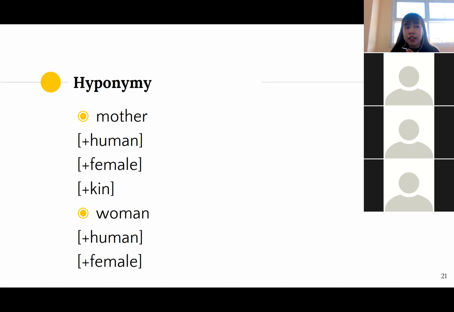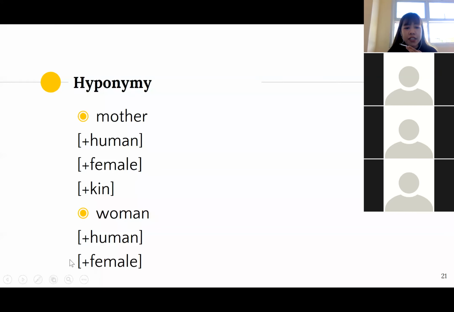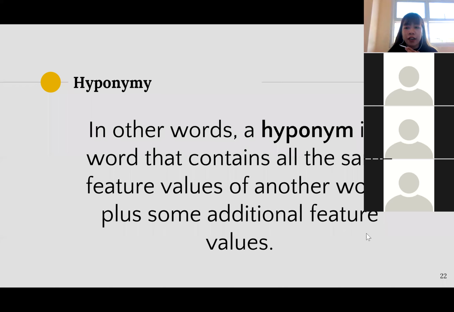But when you say this woman is with me, you don't assume she is your mother, or a relative right away. That's why this is the hyponym, this is the superordinate. So in other words, a hyponym is a word that contains all the same feature values of another word, plus some additional feature values.